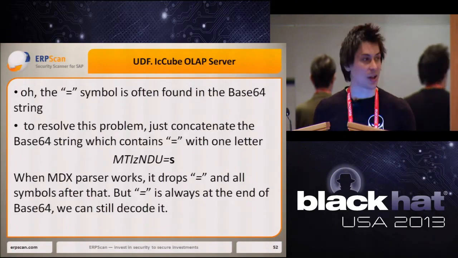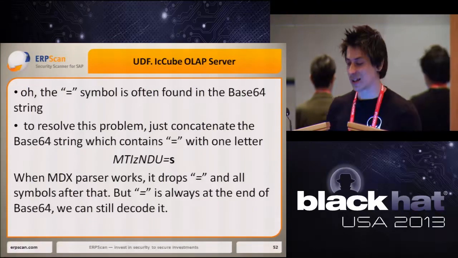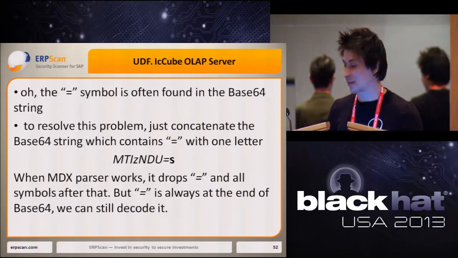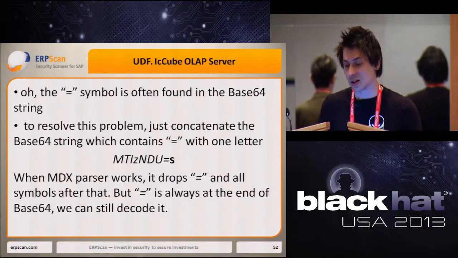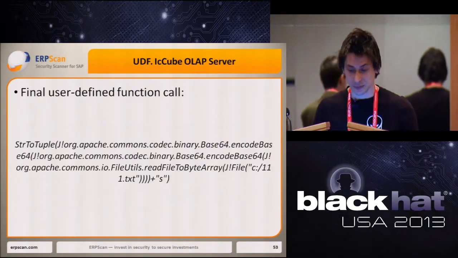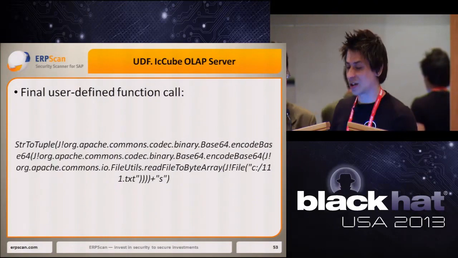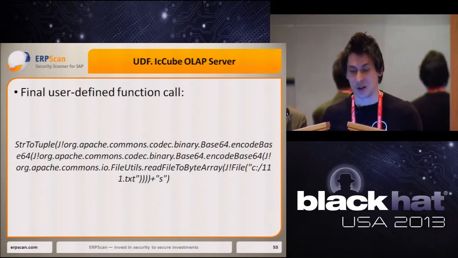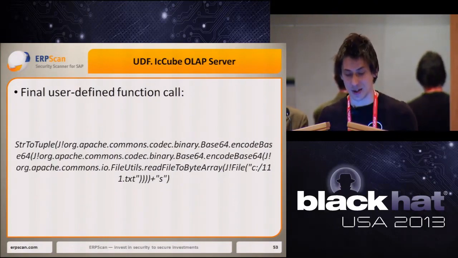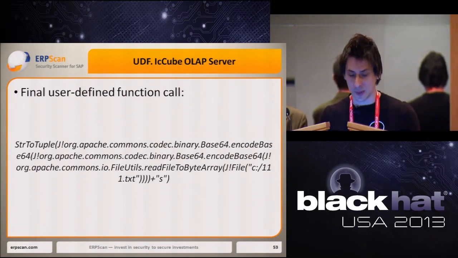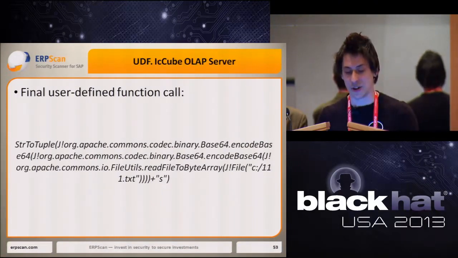But we know the equal symbol is always at the end of a base64 string, so we can still decode it. This is our final user-defined function call, which allows us to read any file from the OLAP server with any symbols. We call the user-defined function readFileToByteArray.